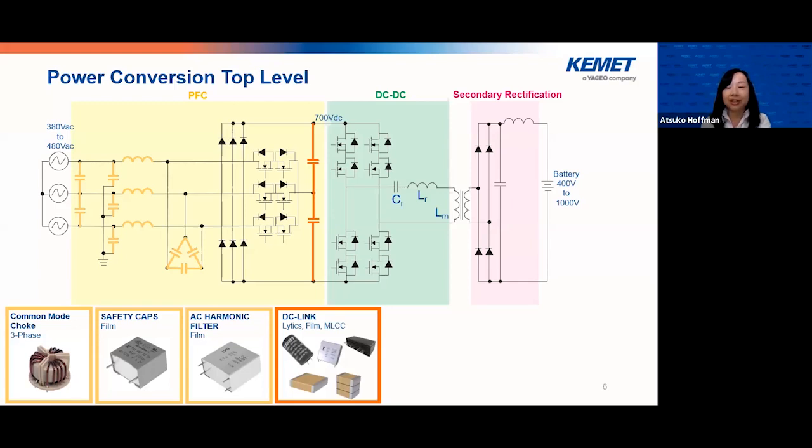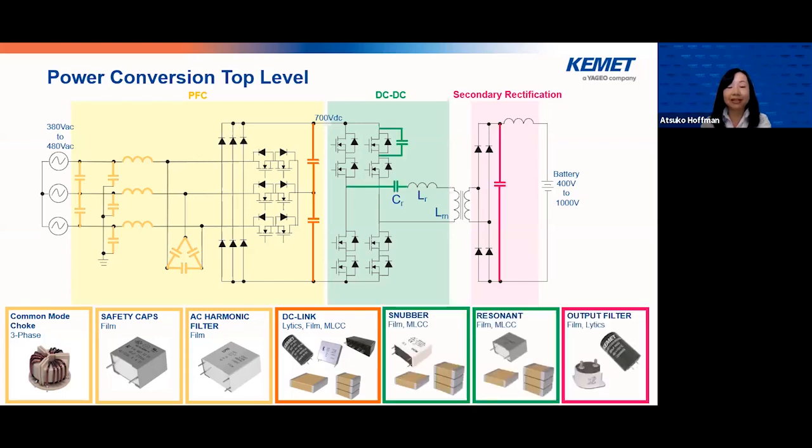Sorry, the animation is not working, but here you go. And for the last part, the rectification stage, we offer output filter capacitors. It could be electrolytic or film capacitors.